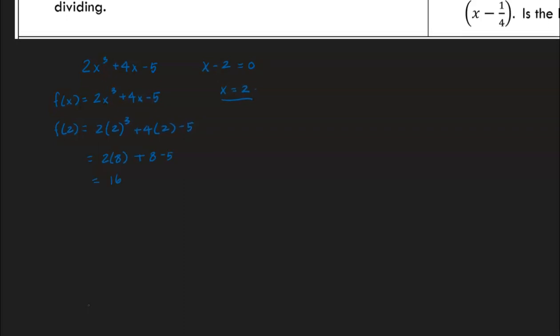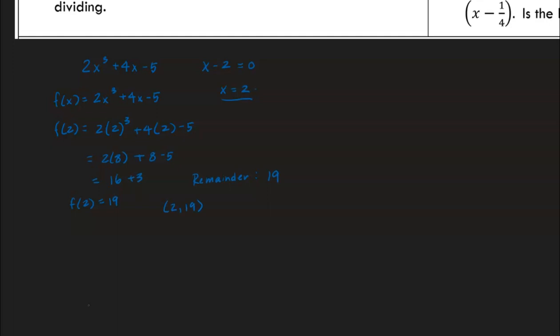So that's going to be 16 plus 3. So f of 2 equals 19. So that tells me that the output, when I input 2, is the remainder when I divide by it. So the remainder for this is going to be 19. And that also means that the point (2, 19) belongs on that graph.